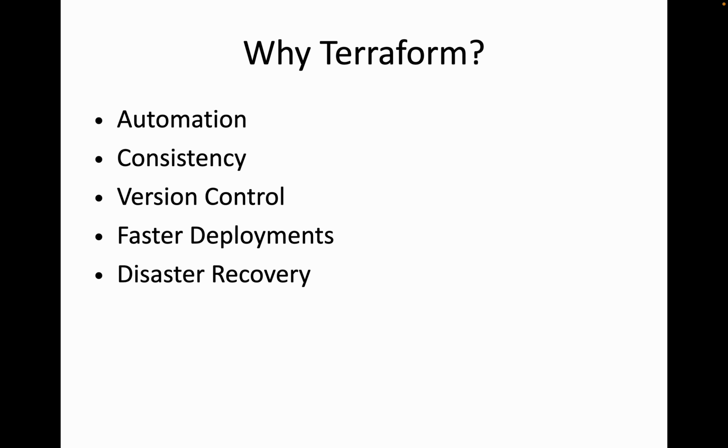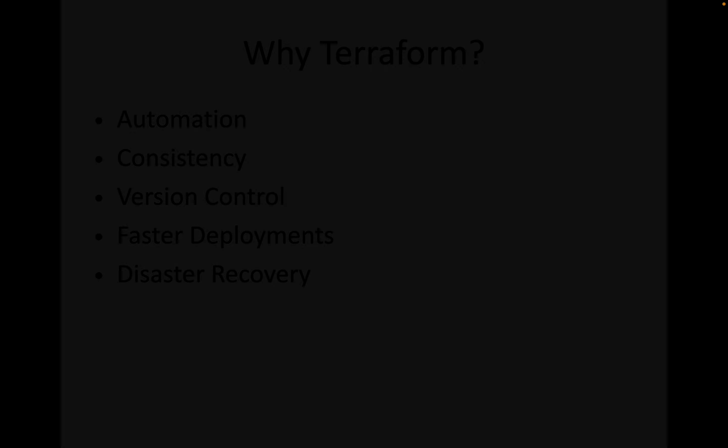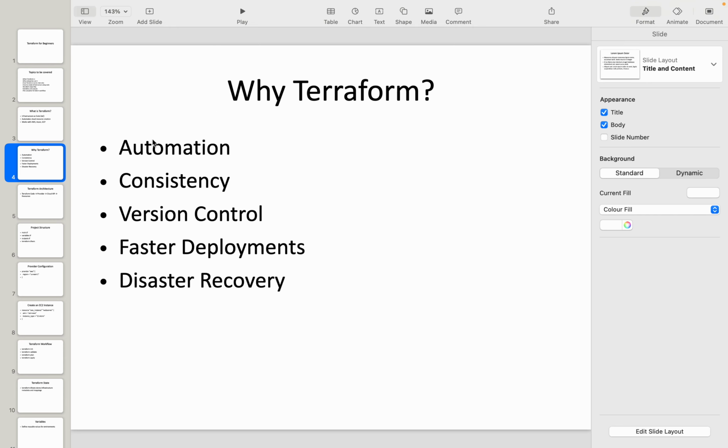Okay, why are we using Terraform? Because of automation, consistency, version control, faster deployment, and disaster recovery. Automation means that instead of clicking buttons in AWS, Azure, GCP, Terraform creates resources automatically.